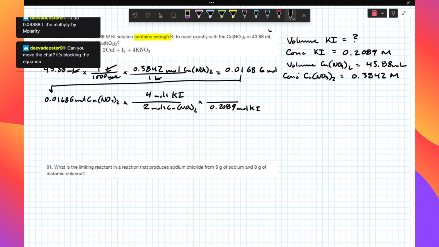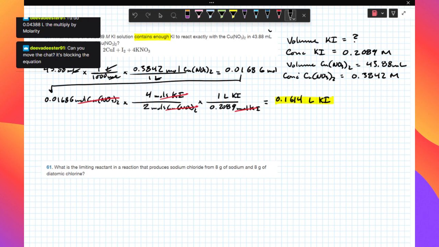Moles of potassium iodide per 1 liter of potassium iodide should give us the volume of potassium iodide we need. So we take our 0.01686 moles of copper nitrate times 4 divided by 2 divided by 0.2089 moles of potassium iodide, which gives us 0.1614, cancel out our units, liters of potassium iodide.